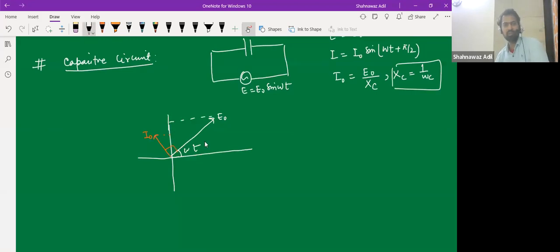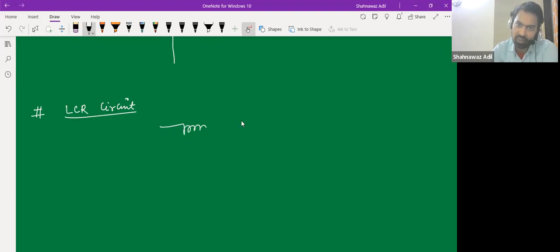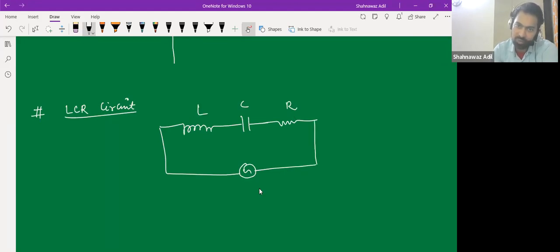So this was the capacitive circuit, and then we added the LCR circuit, right? And we had this LCR circuit, and we calculated the current.